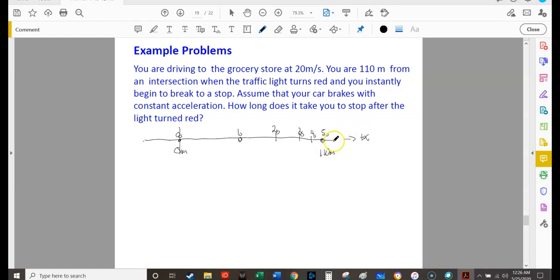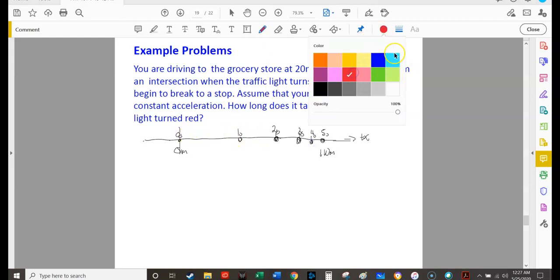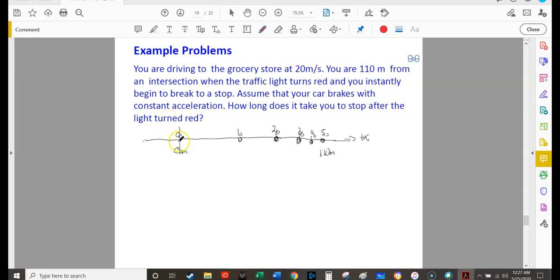Okay? So pictorially, I'm thinking that it's doing something like this. We have a large initial displacement vector, since we started here at the 0 second mark, and then it's going to be a little bit smaller, and a little bit smaller, and finally it's stopped.